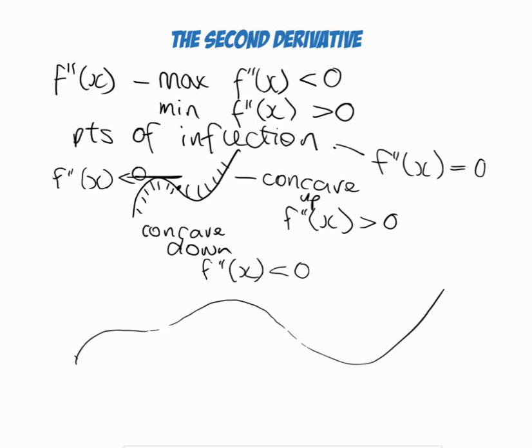Here it's concave down until about that point there. Then it changes to concave up until about that point there, then it changes to concave down again until about here, and then it changes to concave up again. So all of those points there are our points of inflection.